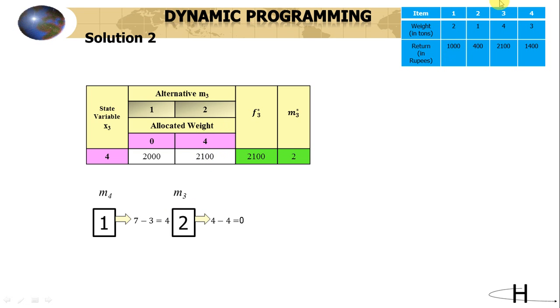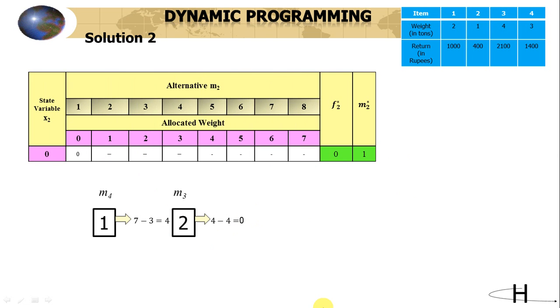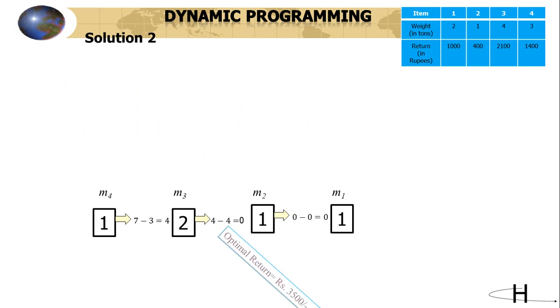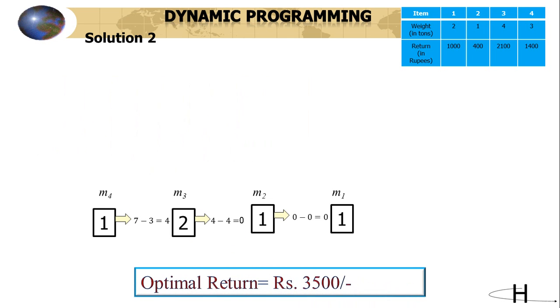When I allocate 4 ton weight, the remaining weight to allocate will be 0. So in this way, by following this loading policy, the best optimal return is obtained and it is 3500.